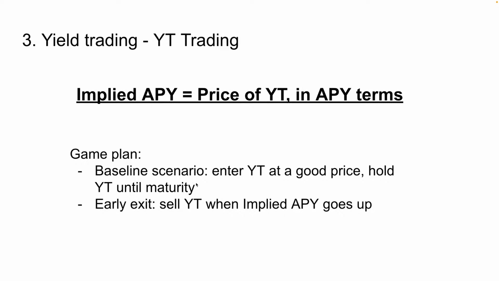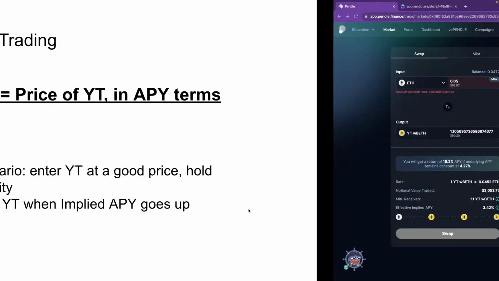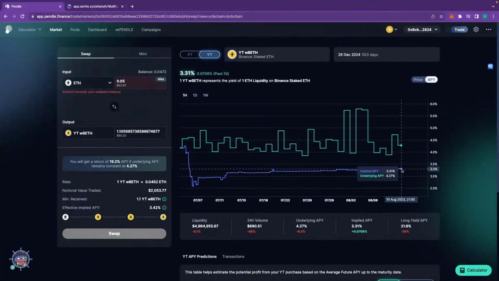And as with PT trading, there can be an early exit scenario where, say, tomorrow for some reason, the implied APY for Binance staked ETH shoots up to like 4%.